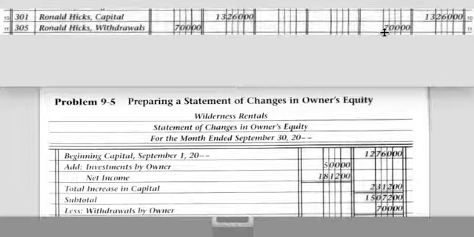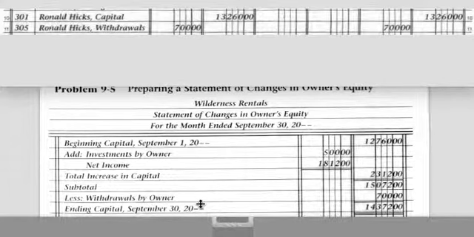So Ronald Hicks took $700 out during the month, and you're going to write that amount in the right column. If there was a net loss, instead of having net income under add, you would only have investments by owner, and you'd be listing net loss on the next line. But in this case we have a net income, so we don't have to worry about net loss. You're going to subtract $15,072 minus withdrawals of $700.